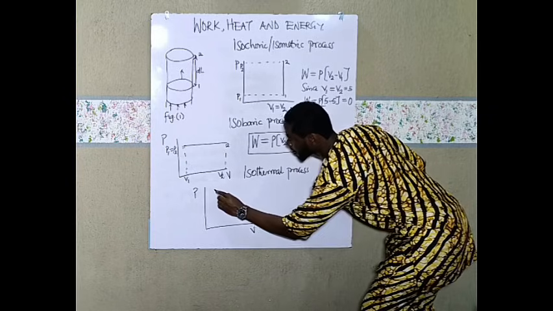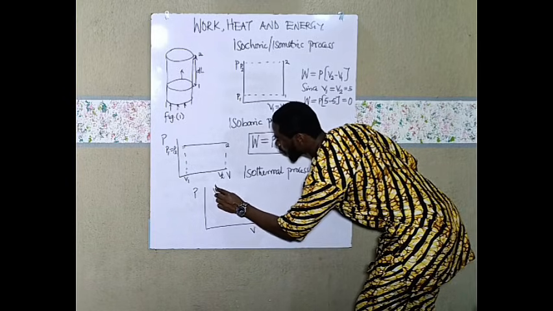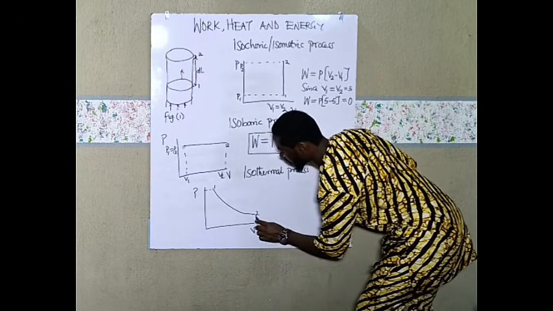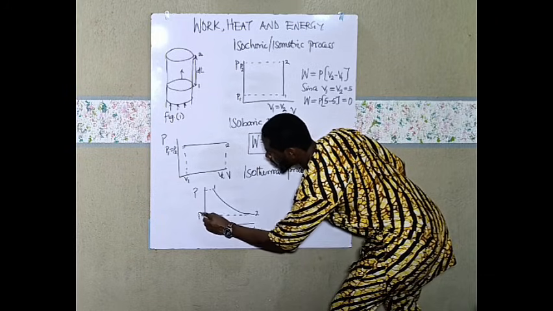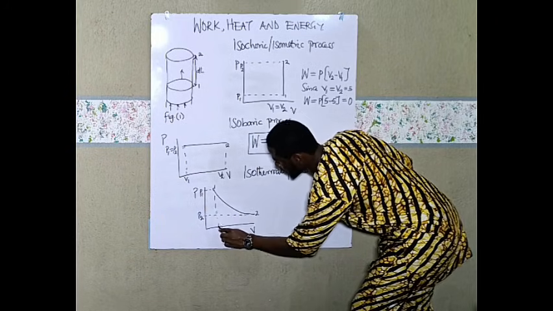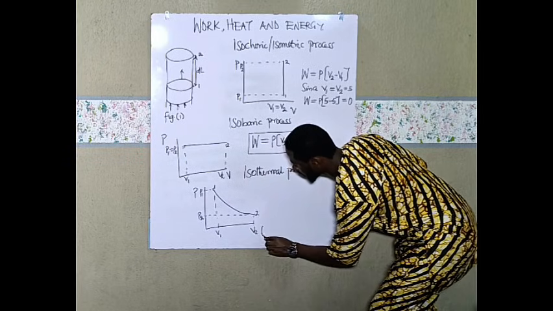On the PV diagram, if this is 1 and here is 2, here is P2 and here is P1. Here is V1 and here is V2.